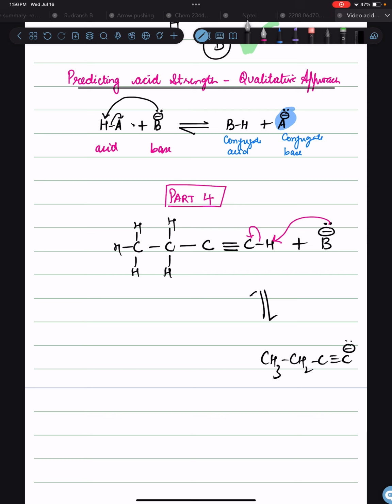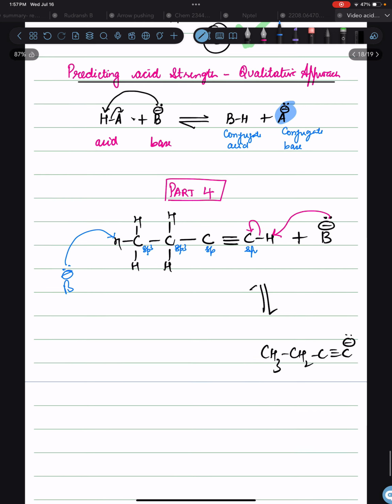Or the other possibility is that the base takes up any of the protons which is connected to the sp3 hybridized carbon. So I think you might be aware that this is sp hybridized carbon, while these are sp3, sp3, sp. Fine.